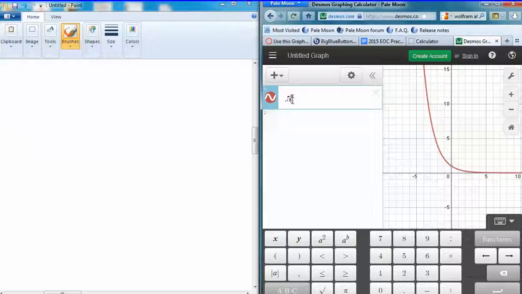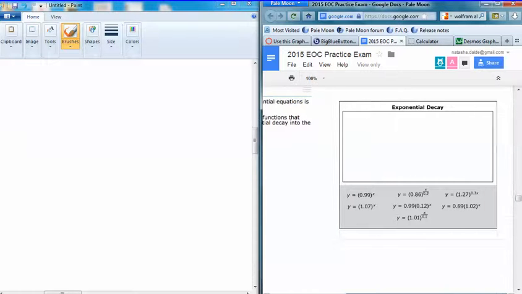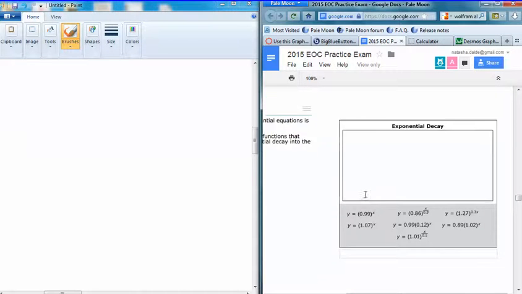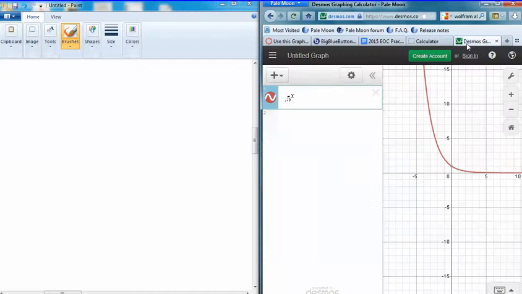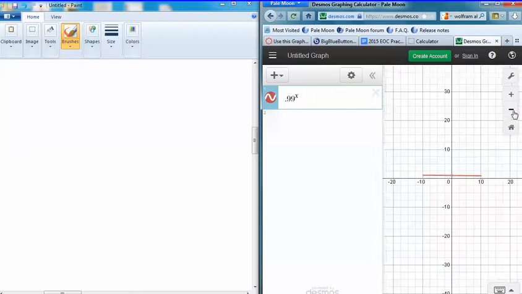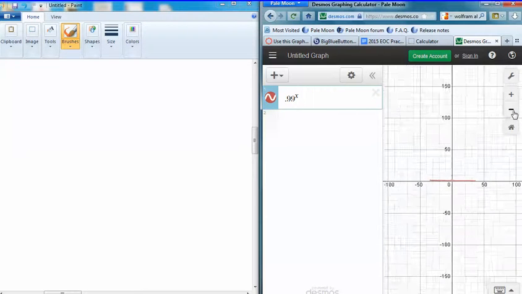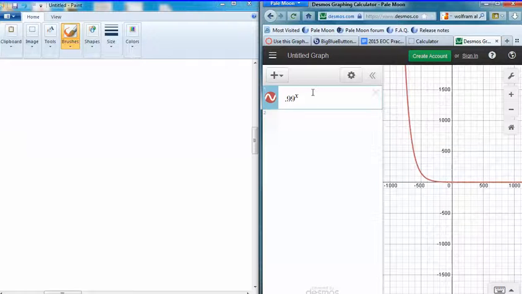So what I would do, if I were you, is I would look at each of these. Obviously, this number, the 0.99, that is smaller than 1. So what is that graph representing? It's representing exponential decay. Now, it's not very fast exponential decay because 0.99 is very close to 1.